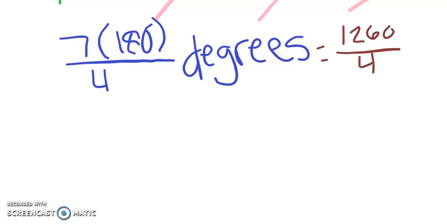We can simplify this by 4, which will get us 315 degrees.